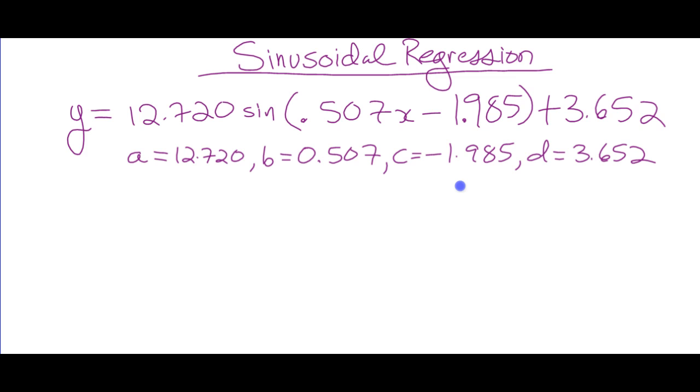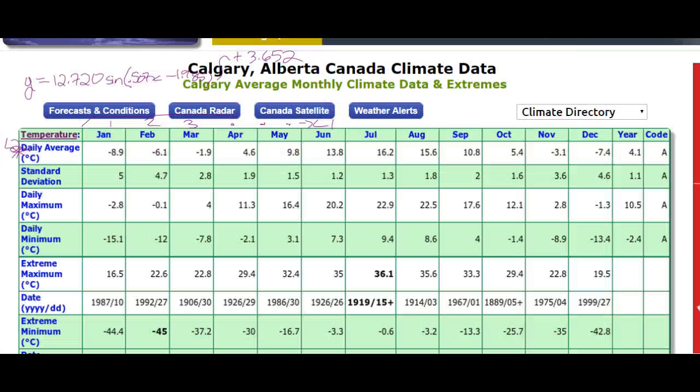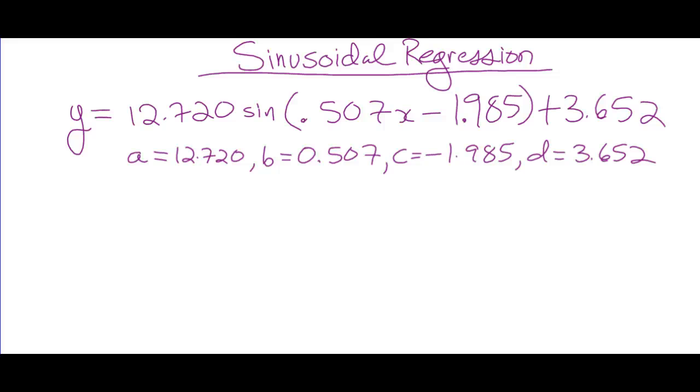We're dealing with temperatures. And in dealing with temperatures, our L1, or our x-axis, is the month number, and the y-axis is the temperature. So before we graph it, x values are months, and y is temperature.